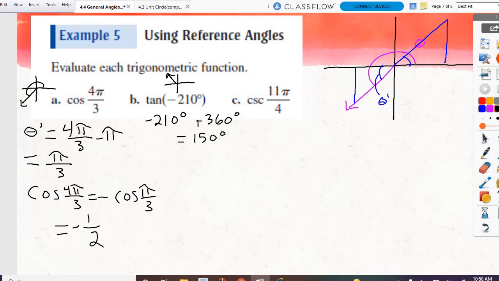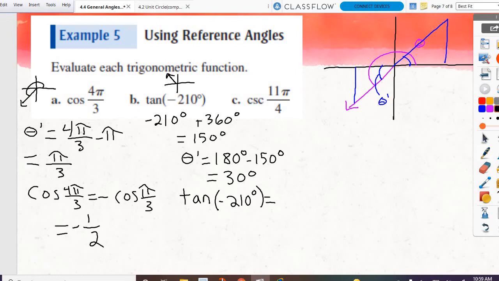What do we get? Okay? So then what do I do to find my reference angle? Subtract it from 180. Yes. And so we get 30. So again, what this tells us is that my tangent of negative 210 degrees is the same thing as my tangent of 30 degrees.